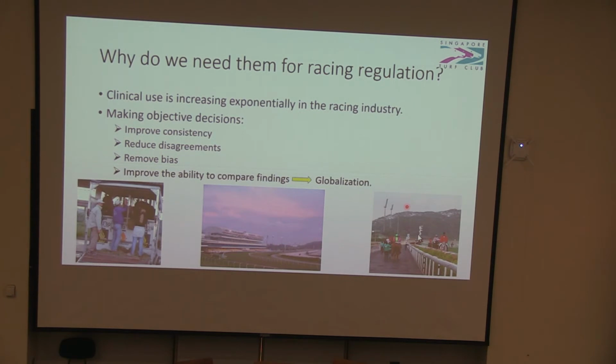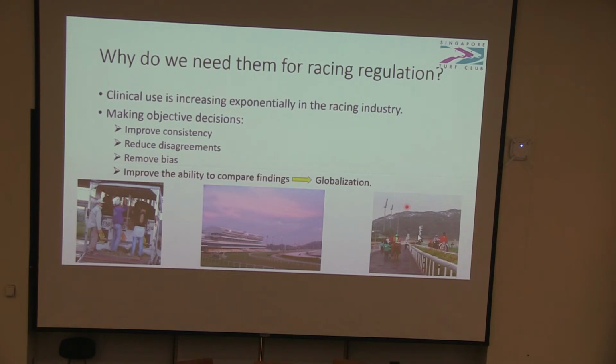And importantly, it'll improve our ability to compare findings. So with the globalisation of horse racing, if I send my horse from Singapore to the United States to race for an international race, I may say that the horse is fit and it's sound in Singapore, it's acceptable for us.